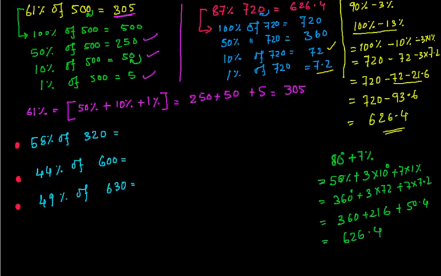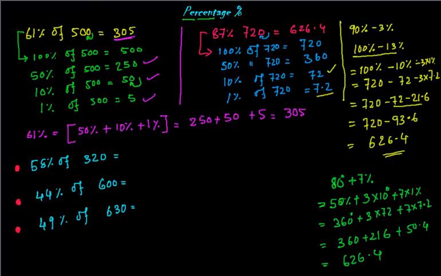I hope you have paused the video, tried the sums, and got the answers. In case you haven't, let me give you some hints. This 58% I can write as 50% plus 8 times 1%. You can try that after finding the 50% and 1% of it.